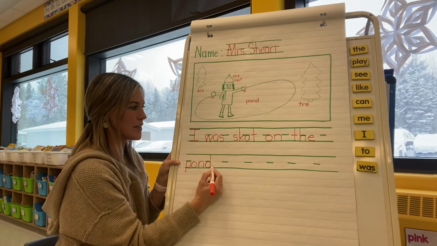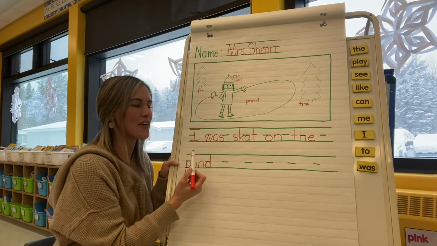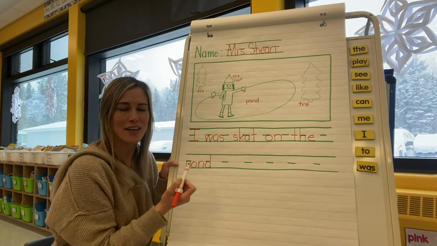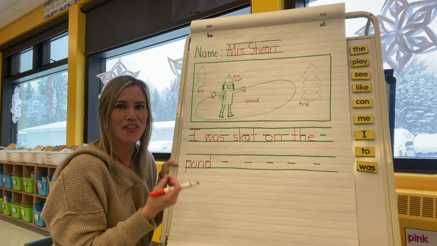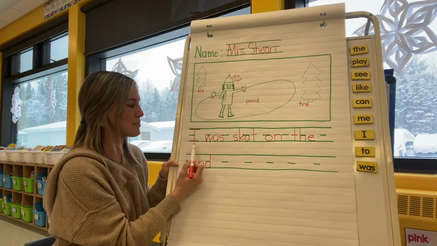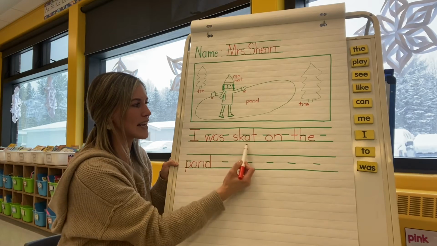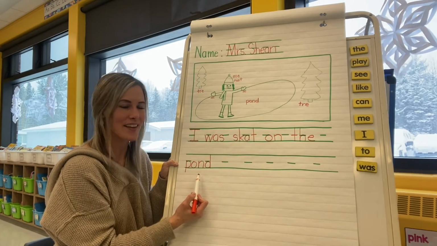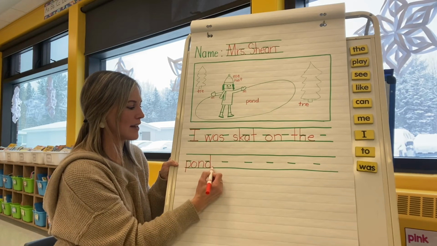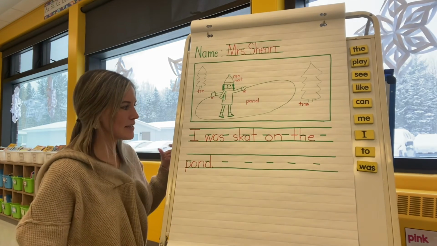So let's reread that together and you tell me the best you can through the video, if you think that's the end of a thought or the end of the sentence. See if this makes sense. I was skating on the pond. Does that sound like a full thought? I think so. So I'm going to add a period here to end the sentence.